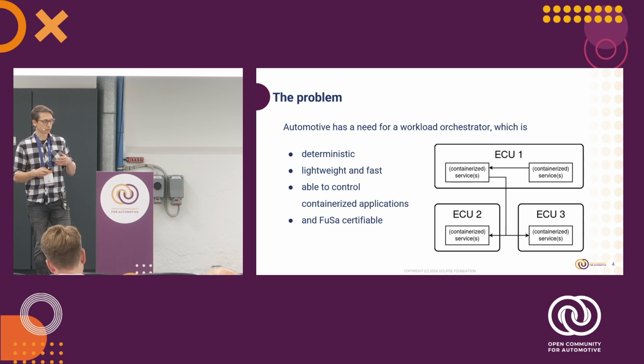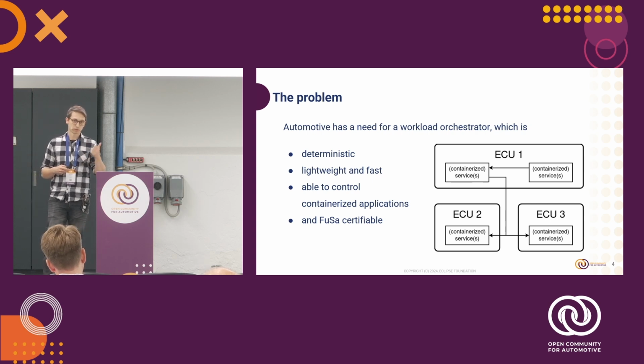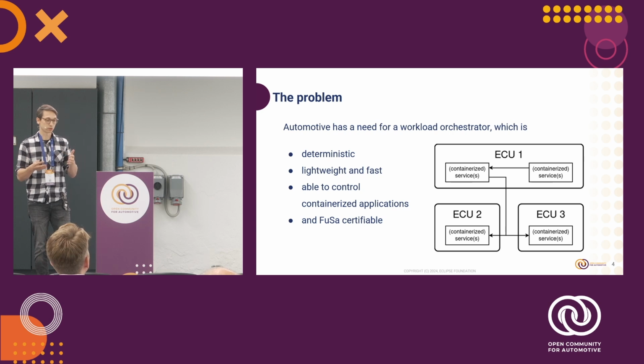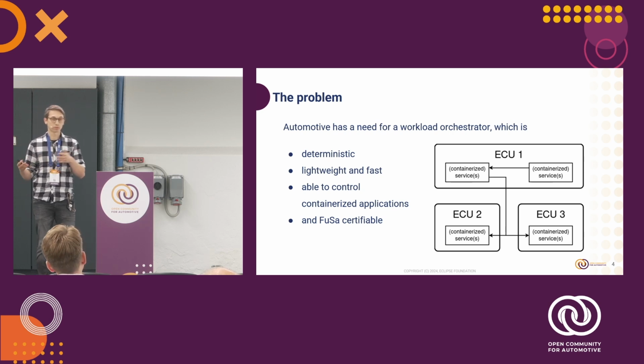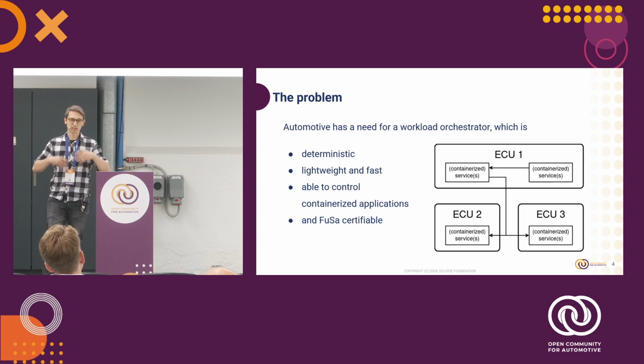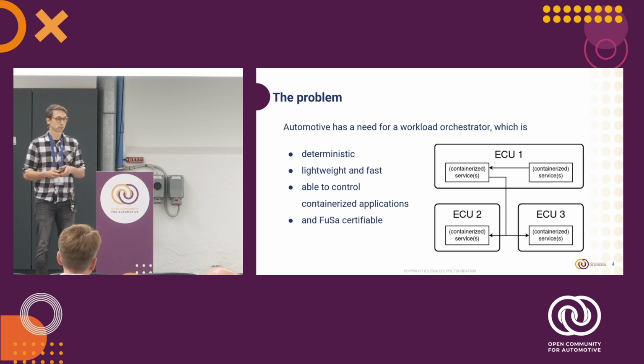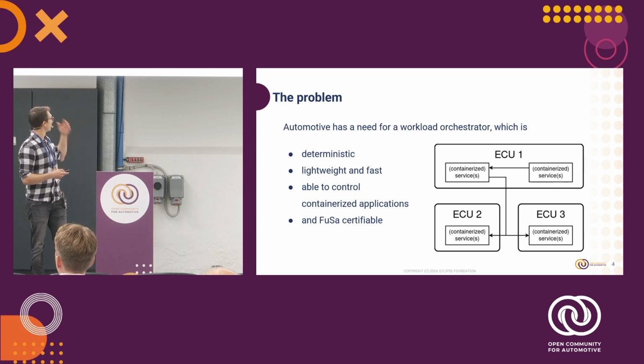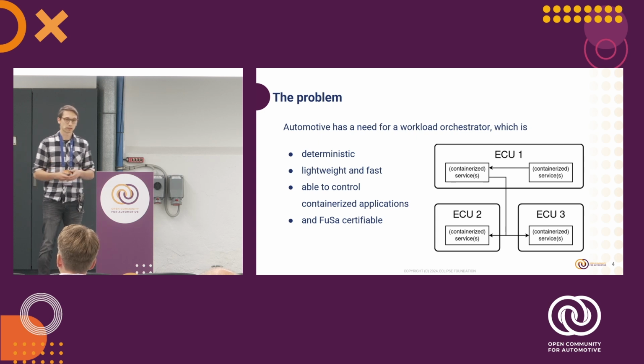So you need something that is deterministic, so you know what runs when, where, and because in the car we have resource constraints, which are not there in the public or private cloud, it needs to be as lightweight and as fast as possible. And of course, ideally, we can certify it as functionally safe.